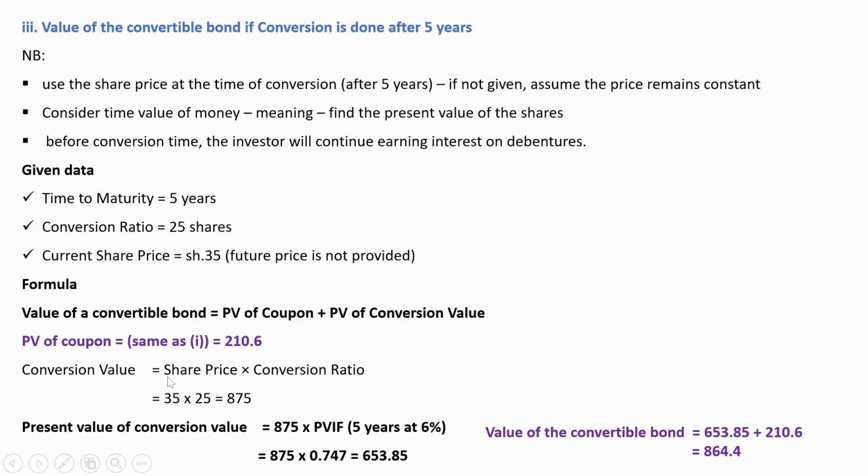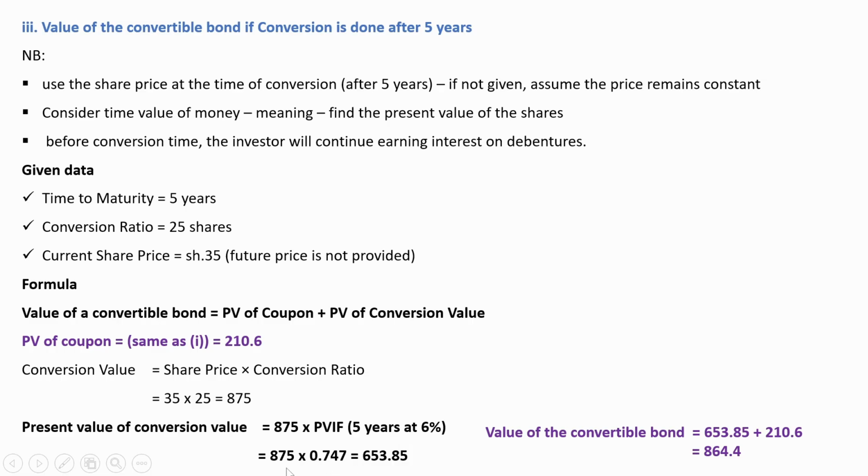So conversion value, the formula is you take the share price, you multiply by the conversion ratio, that 35 times 25, it will give us 875. But because 875 is after 5 years, we have to find the present value of 875. So multiply by the present value interest factor. Because this one is not an annuity, it will happen in the 5th year. So you check the table for the discounting value for 5 years at 6%, which is 0.747.